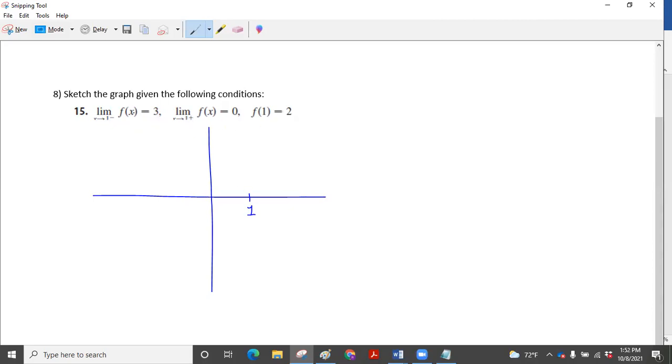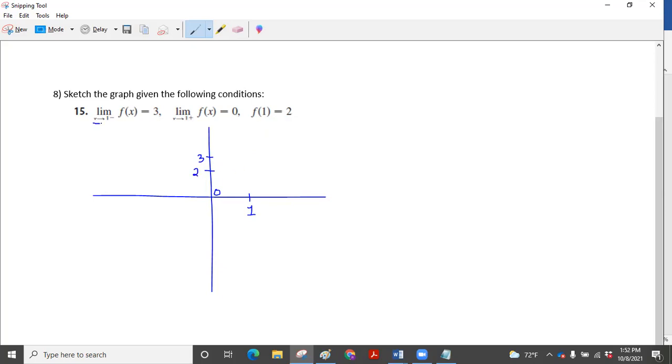And then it seems like we're going to have a y value of 3. So we're going to put that 3 here. And then we're going to have a y value of 0, which you can put there. And then f of 1 equals 2. Which means if I plug 1 into the function, I should get 2. So that would be something like that.